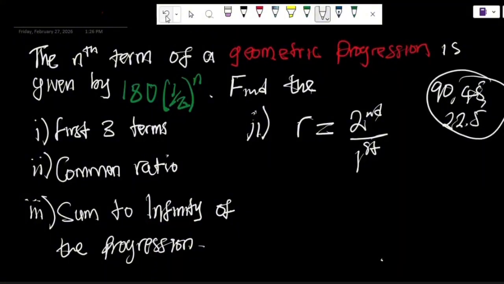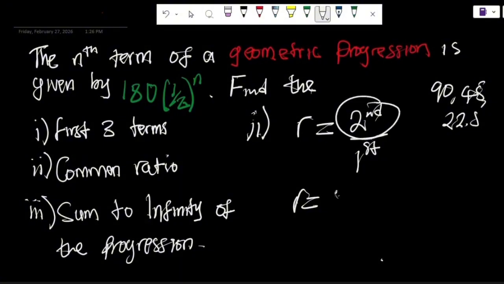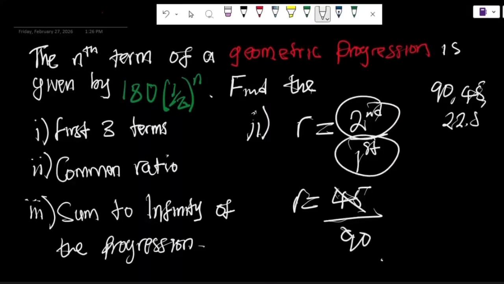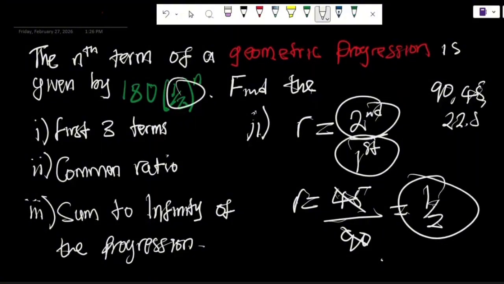So 90 is the first term and 45 is the second term. Where there is the second term, we are going to have 45, and where there is the first term, we are going to have 90. And so 45 over 90 is still going to give us half. This is the same half that we have here, and this is our answer.